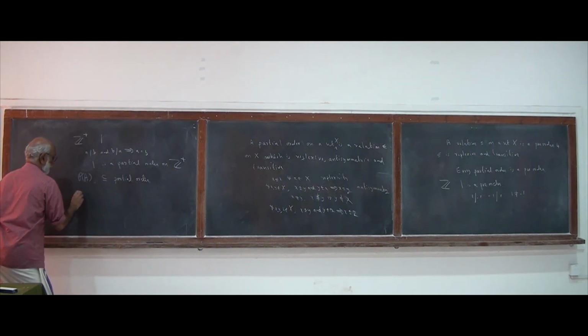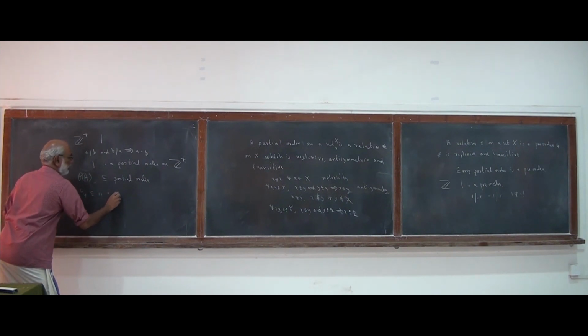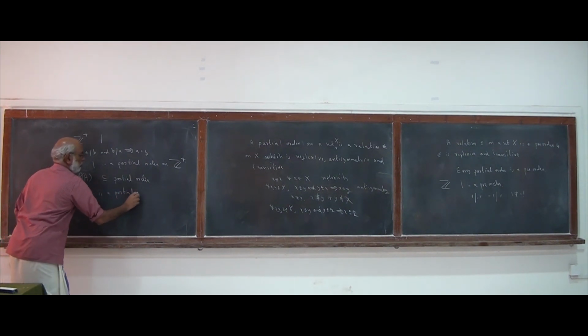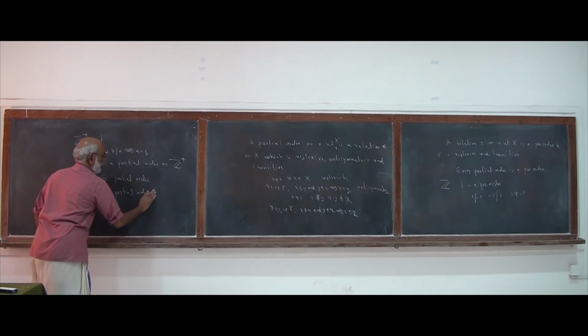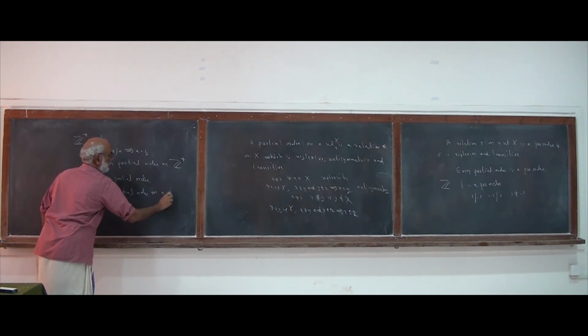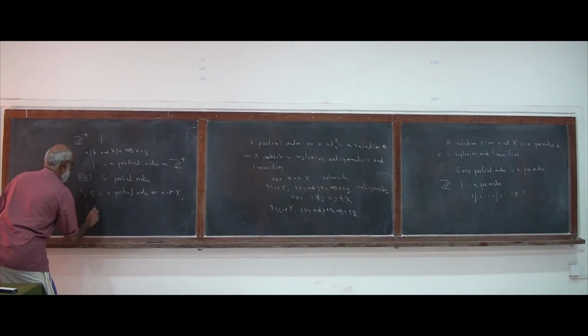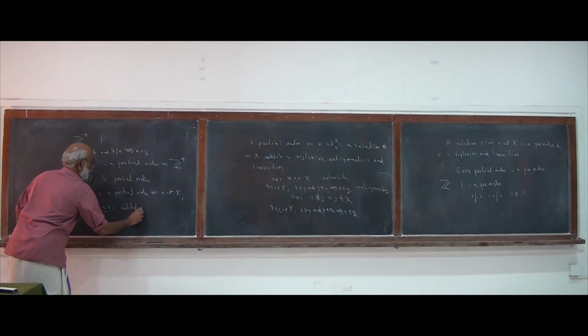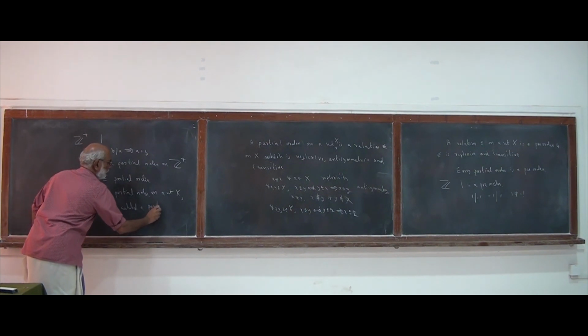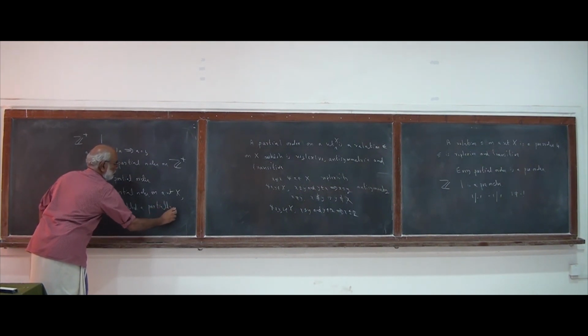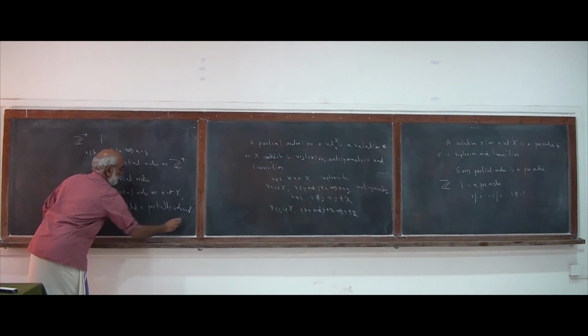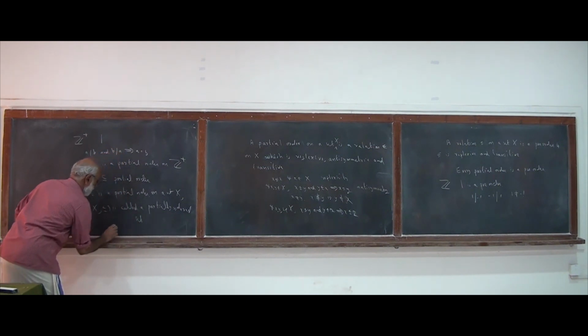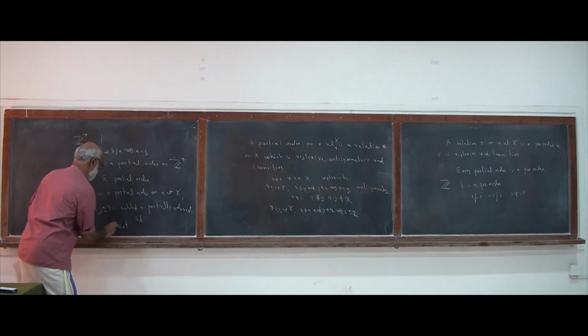And if less than or equal to is a partial order on a set X, then the ordered pair X, less than or equal to, is called a partially ordered set. And sometimes that is abbreviated as poset.